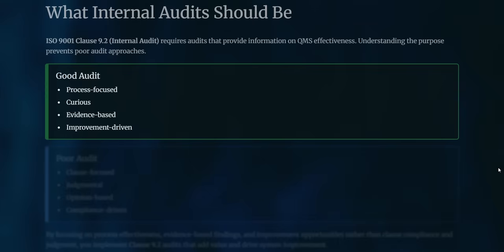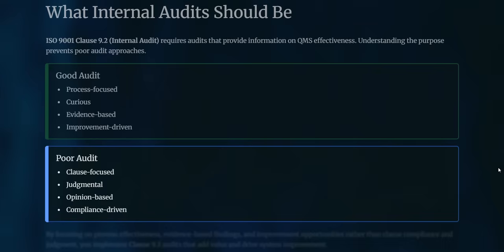The good audit should be a process-focused audit. A good audit should be a curious type of audit, a good audit should be an evidence-based audit, and a good audit should be an improvement-driven audit. The poor audit is a clause-focused audit.